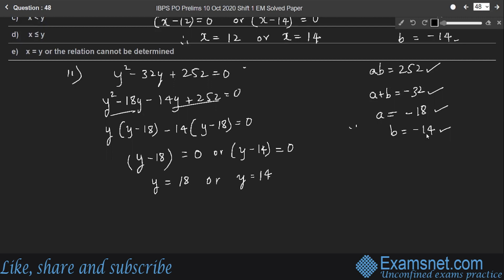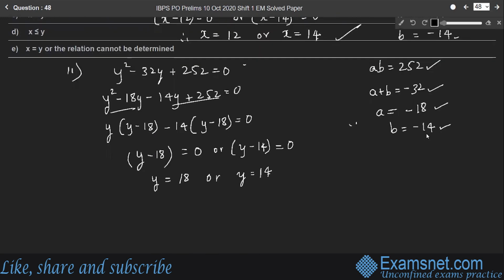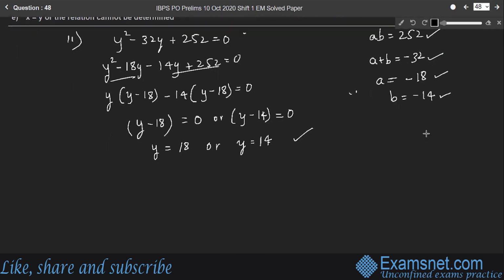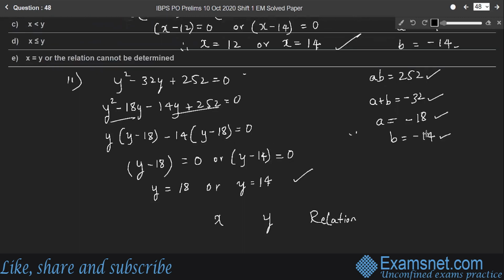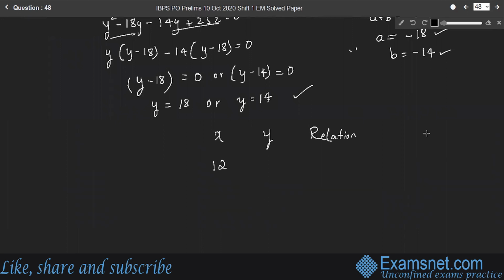Right? So here relate how x and y values are related. So we'll write x values, y values and their relation. So the value of x, if it is 12 and value of y is 18, so x is less than y.